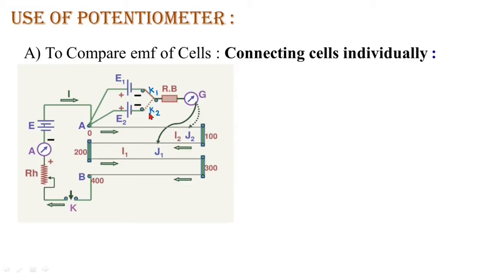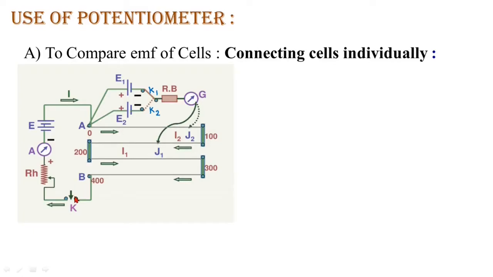The extreme terminal of key K1 is connected to the negative of cell E1 and the extreme terminal of key K2 is connected to the negative terminal of E2. The central terminal of the two-way key is connected to a galvanometer through the resistance box. The other end of the galvanometer is connected to a jockey J.